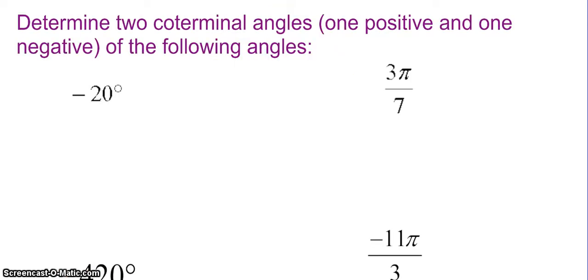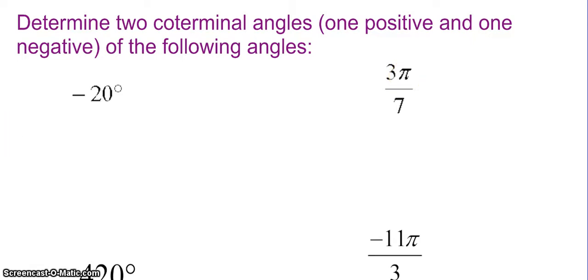So how do we find coterminal angles of a given angle? Well, if it's in degrees, what do you think we're going to do? Well, if we're going around a circle again, how far is it around a circle in degrees? It's 360 degrees. What about radians? If it's in radians, we go around 2 pi.